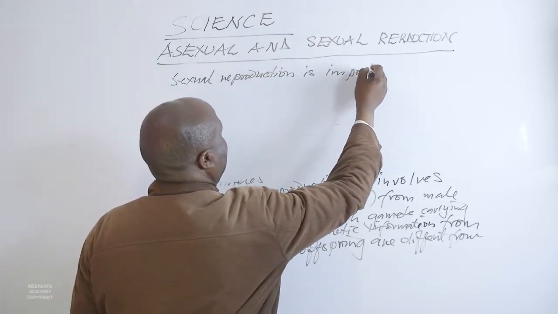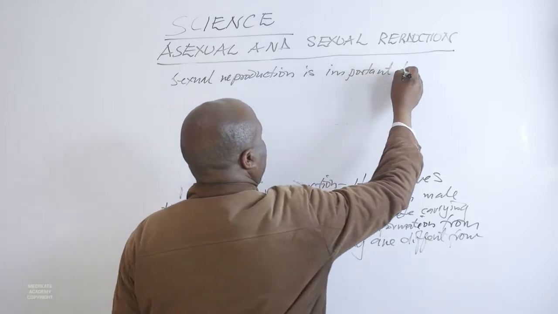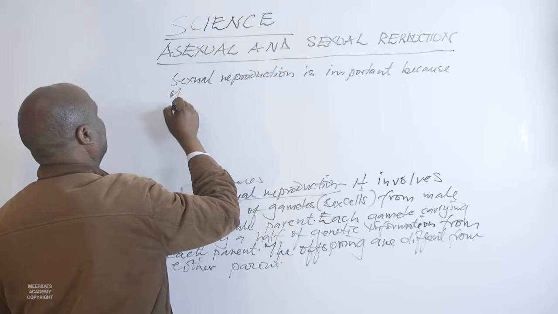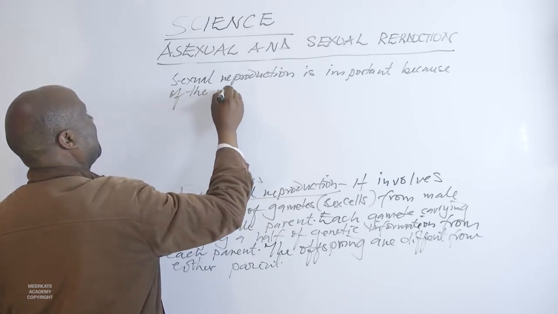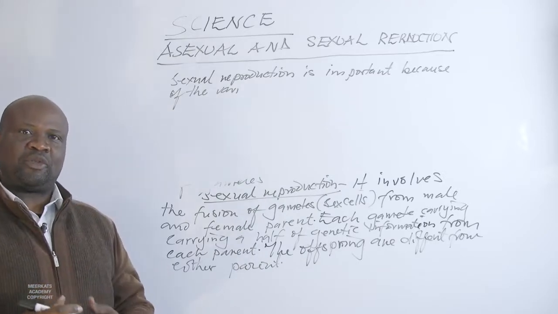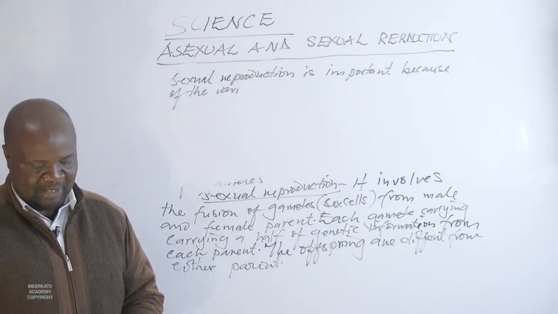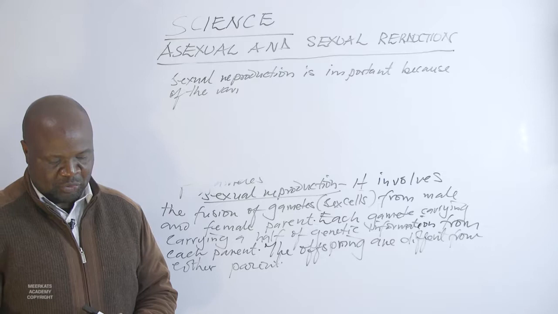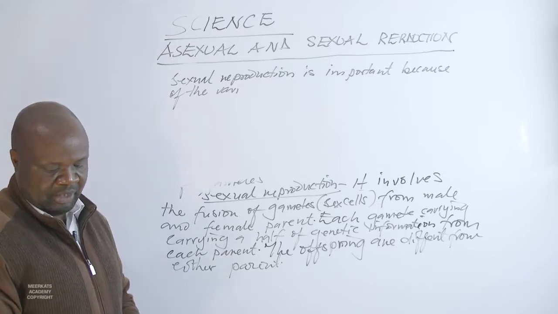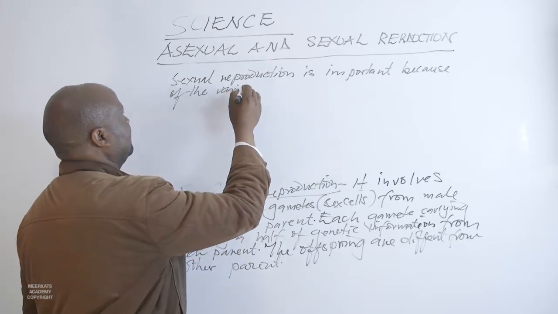And variation has got its own benefits. So we are saying sexual reproduction is important because of the variation in offspring compared to the parent.